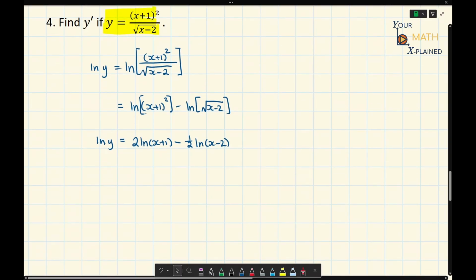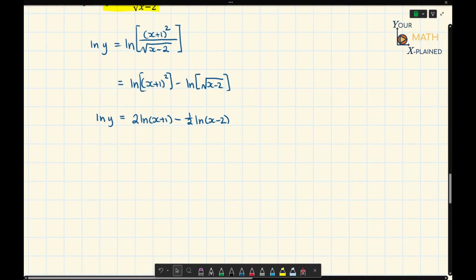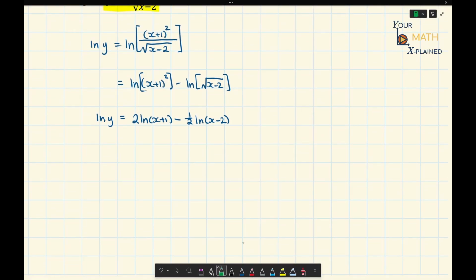And now that our equation has been simplified, we can go ahead and take the derivative with respect to x on both sides of this equation. So that means we go d by dx of ln of y is equal to d by dx of this entire expression on the right-hand side. So 2 times ln of x plus 1 minus 1/2 times ln of x minus 2.